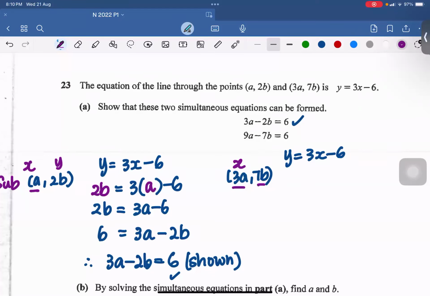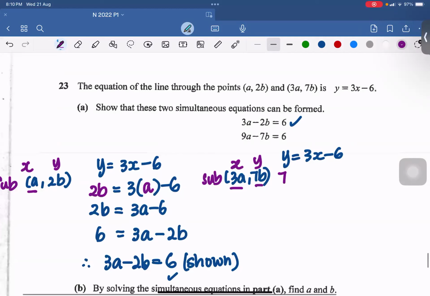So I'm going to sub this inside my equation. The y change to the value 7b. 3 times, what is the x value now? What do I put here for my x? 3a. Correct.